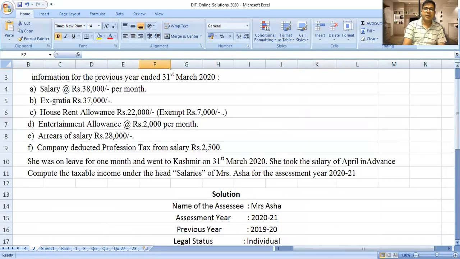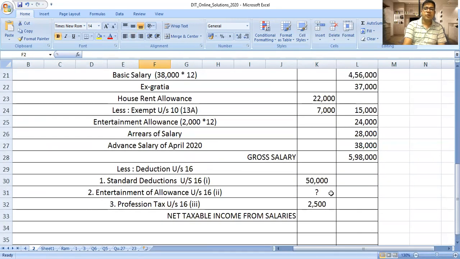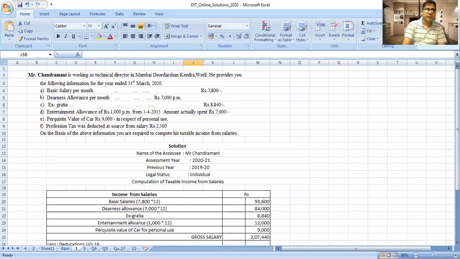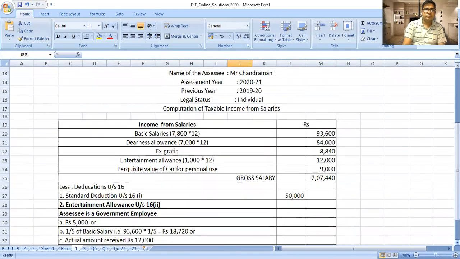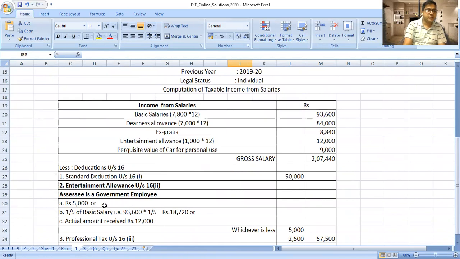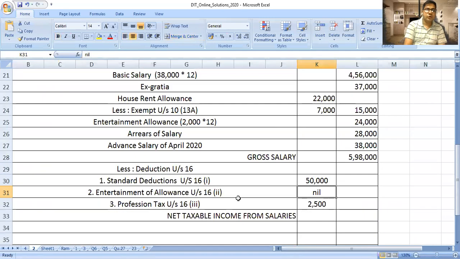Therefore, entertainment allowance deduction is not applicable. We have to put nil here. In our previous problem, the employee was a government employee, that's why we gave these deductions. But in this problem, she is a non-government employee, so this deduction is not applicable.